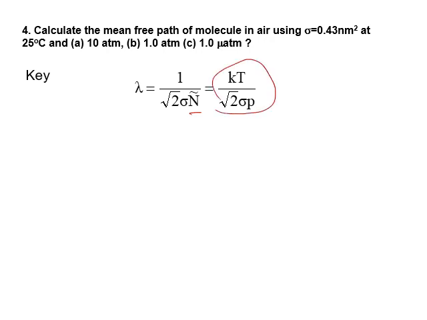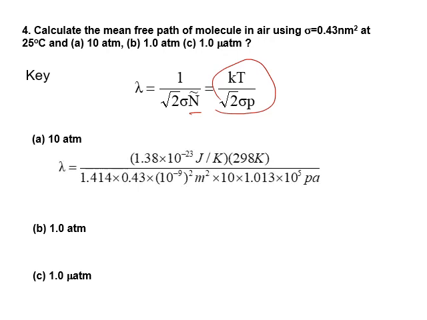So you get this equation: kT over square root of 2 times cross-section area times pressure. For 10 atmospheres, this is how we calculate the mean free path. Boltzmann constant, temperature, and square root of 2 cross-section area, again converted to meters squared, and the pressure you need to change to Pascal. So here it is about 6.7 nanometers.